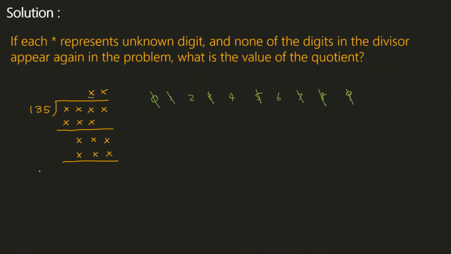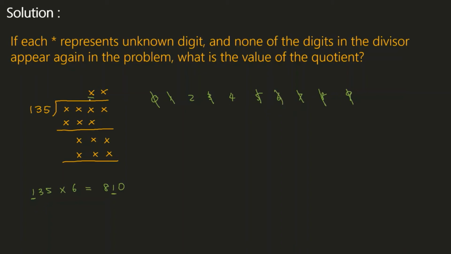We're going to apply the 6 onto 135 first. So it becomes 135 times 6. And this gives you 810. Now this 1 is duplicated with the 1 in the divisor. So 6 is eliminated.